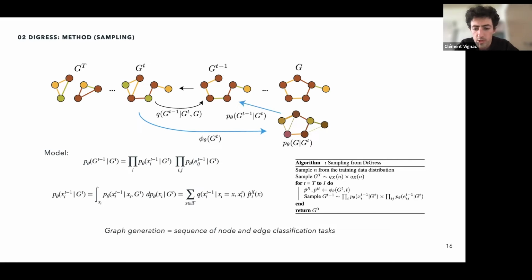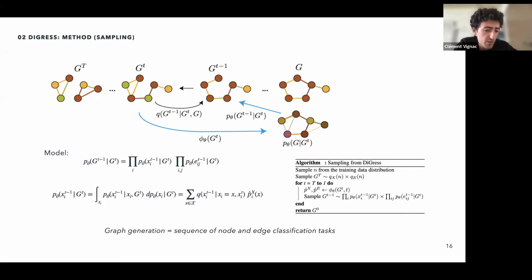Now, if we want to sample, we start from a prior distribution, and at every step, we apply the denoising network that predicts a clean graph, and we combine this distribution with the conditional distribution of G_{t-1} given G_t and G to get to step t-1, similarly to before.